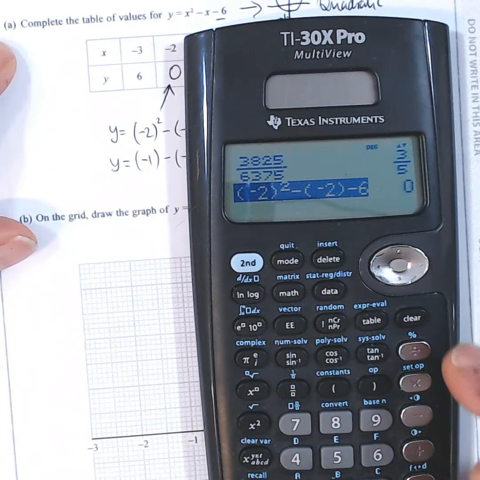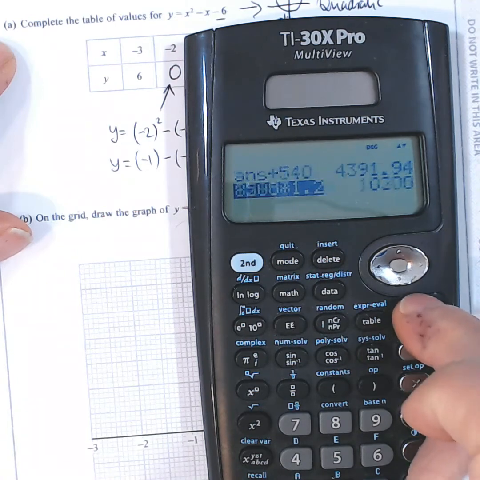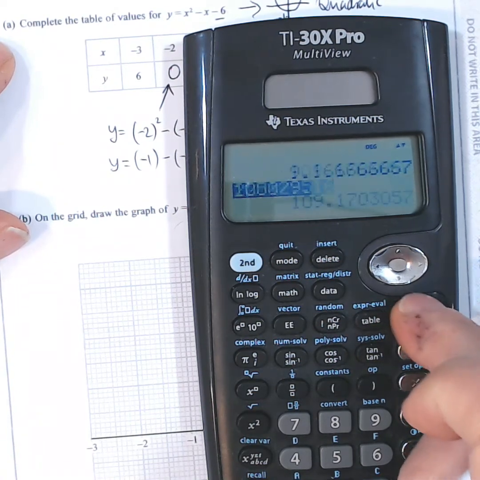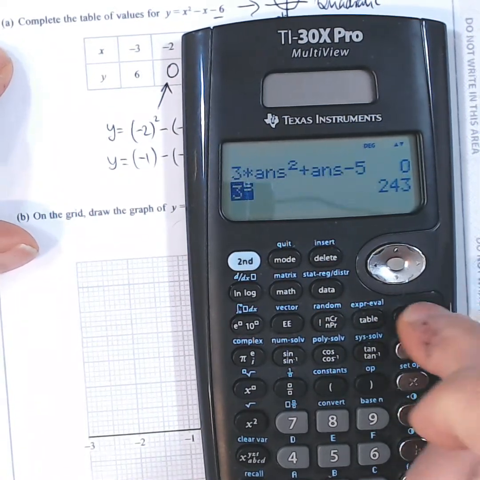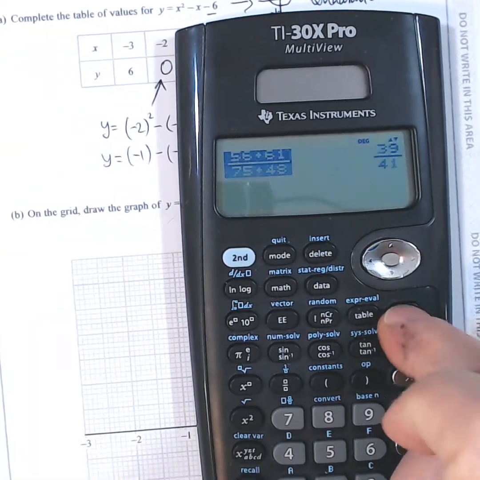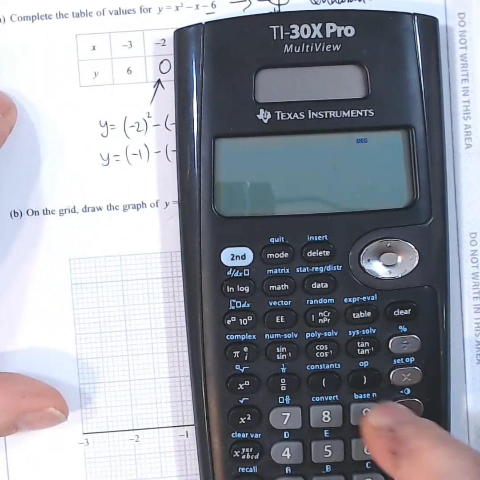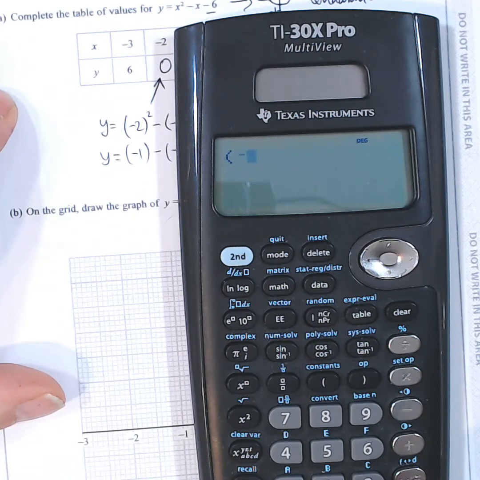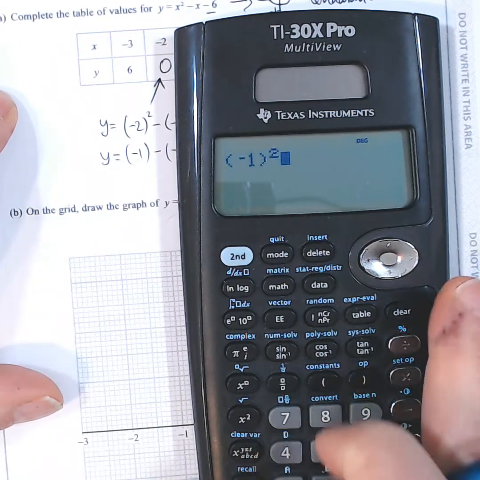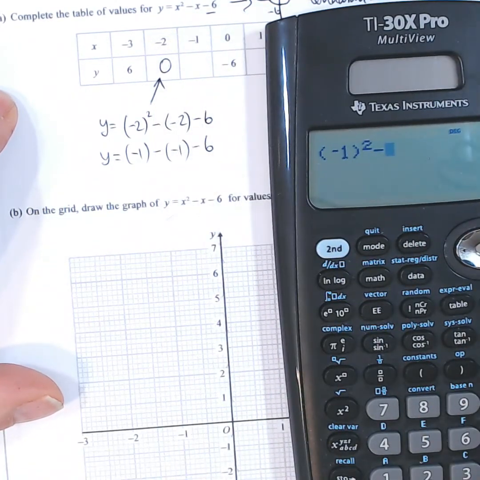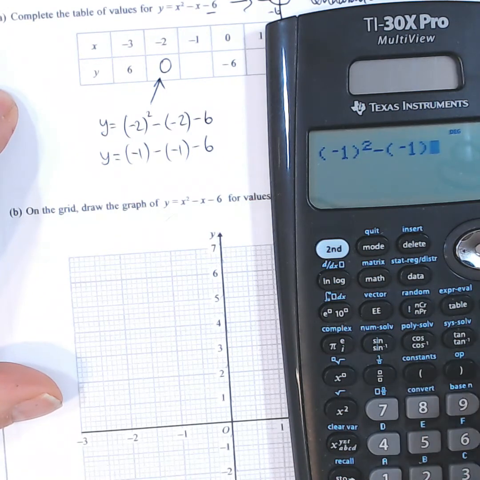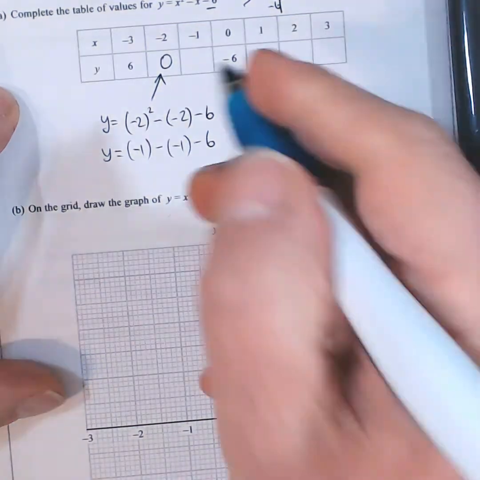So for me I'll have to type it in, but on most calculators you should be able to go back in. I just had to clear all the calculations I've done in the past. Right, so -1 squared, take away -1, take away 6, so -4.